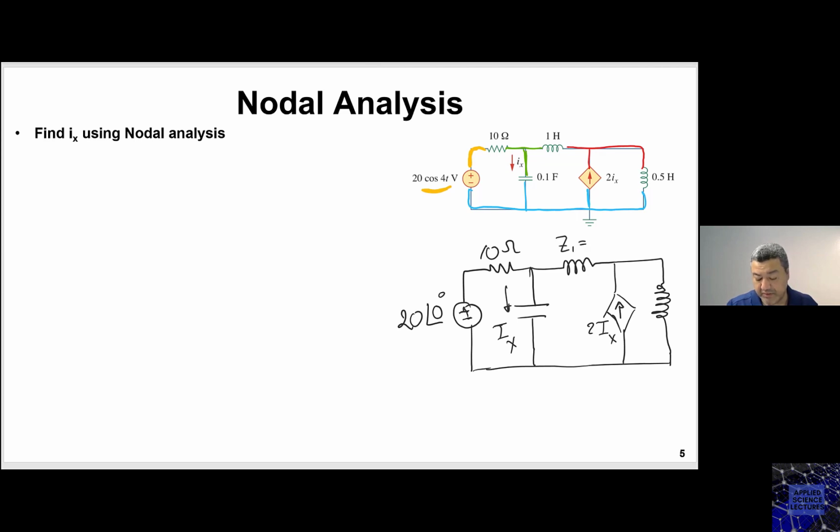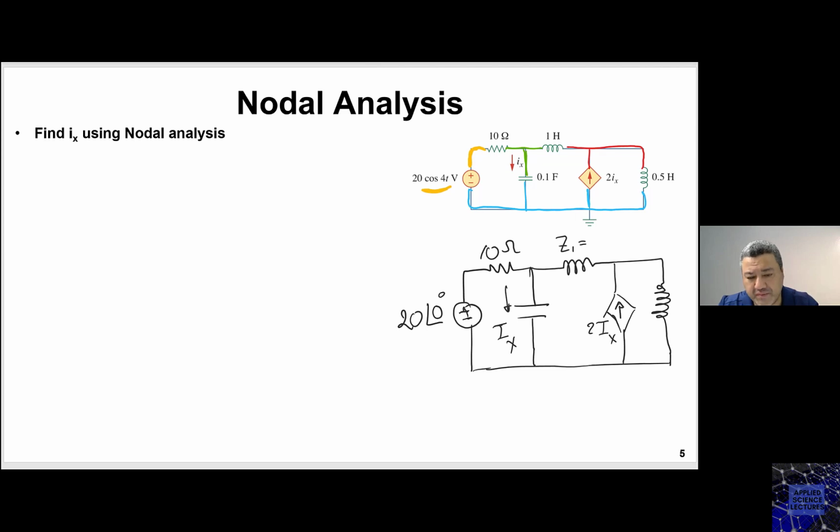All right. Yes? Why do we convert to the frequency domain? Because this is the way we have learned to do the analysis in AC steady states. How are you going to treat those inductors and those capacitors? You have a circuit that is working in AC steady state, and those capacitors and inductors are a function of those frequencies. So how are you going to represent them?